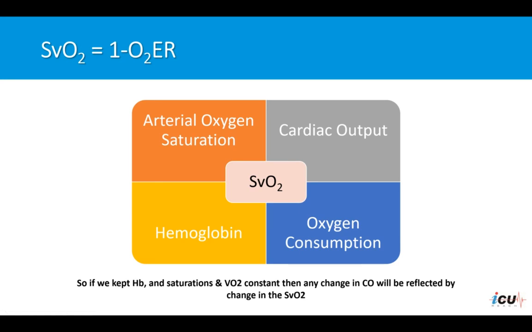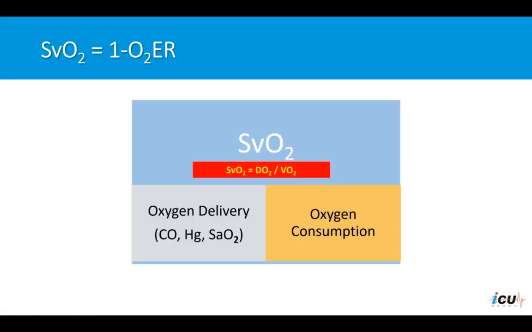Those would determine the mixed venous O2 saturation. We can put the cardiac output, hemoglobin, and O2 saturation together because this is oxygen delivery and this is oxygen consumption. So the relationship between mixed venous O2 saturation would be directly with the oxygen delivery and indirectly with the oxygen consumption.